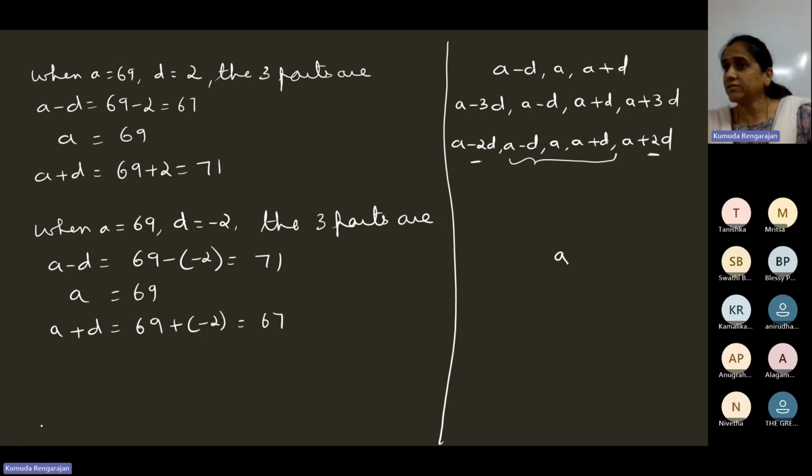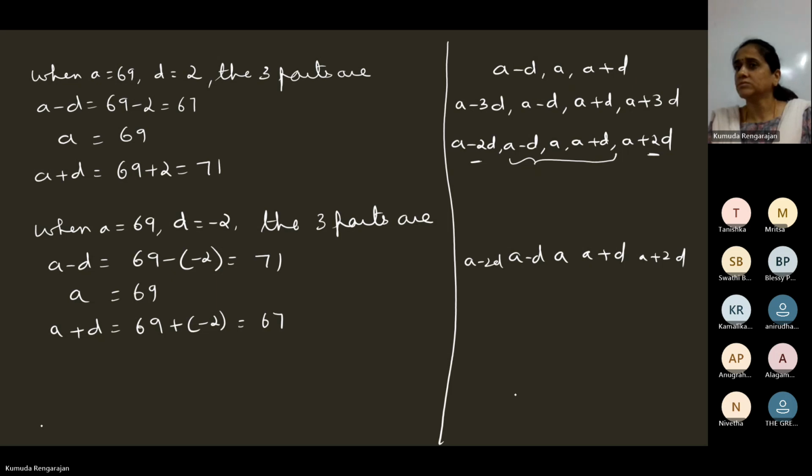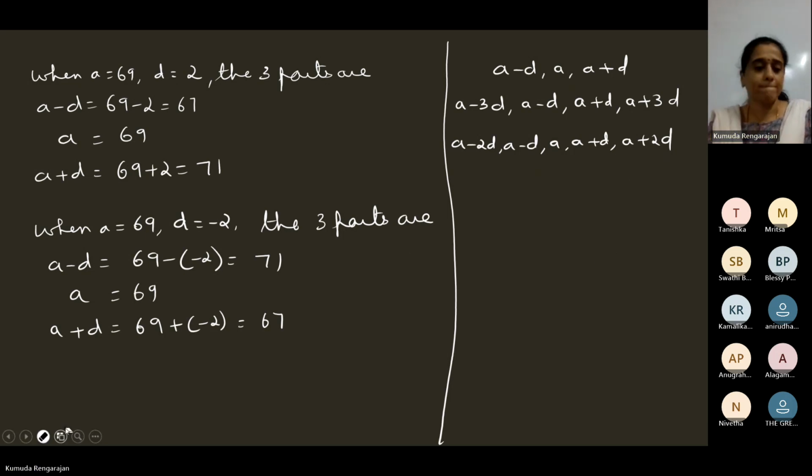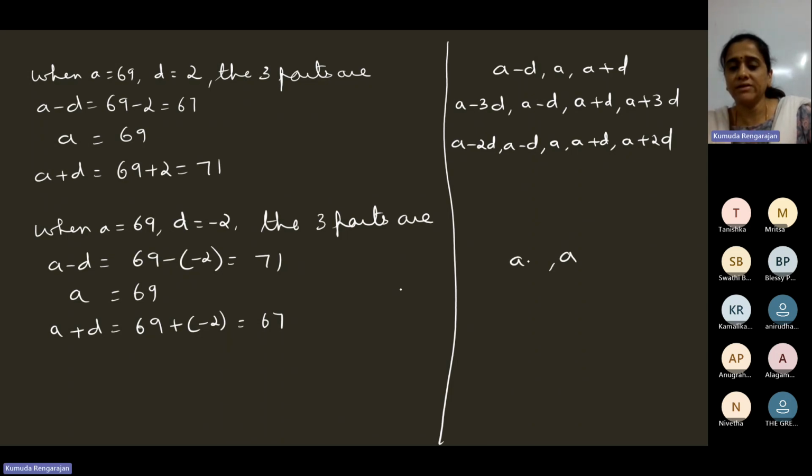See, this is A, right? Now here A minus D, A plus D: 3 terms in AP. A minus 2D, A plus 2D: 5 terms in AP. All right? Did we notice that? 3 terms in AP, see here, A minus D, A plus D. 5 terms in AP, A minus 2D, A plus 2D.